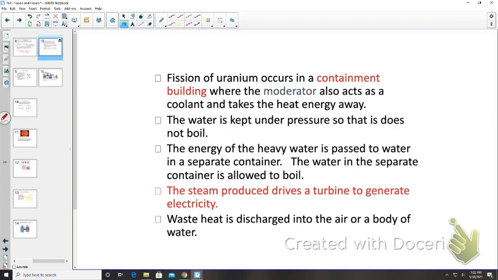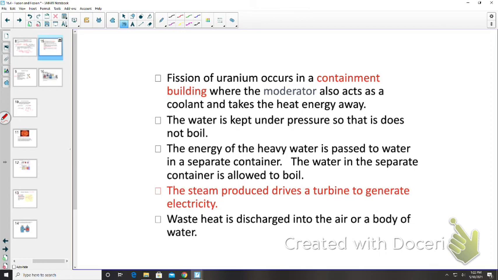Fission of uranium occurs in a containment building where the moderator also acts as a coolant and takes the heat energy away. So the water is kept under pressure so that it will not boil.